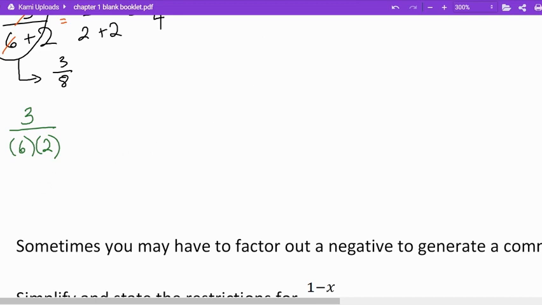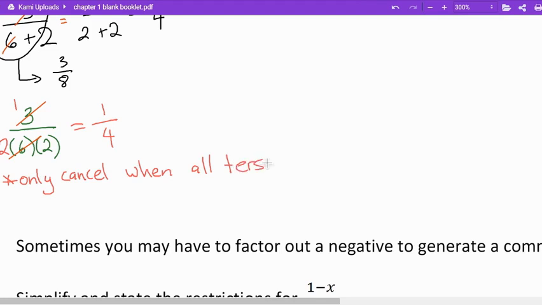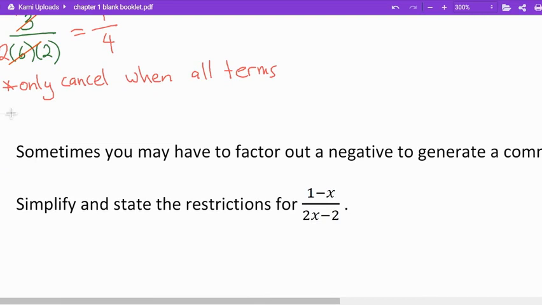So here I can cancel the 3 and the 6, and that becomes a 1 and a 2, and I get 1 over 4. So only cancel when all terms are being multiplied or divided.